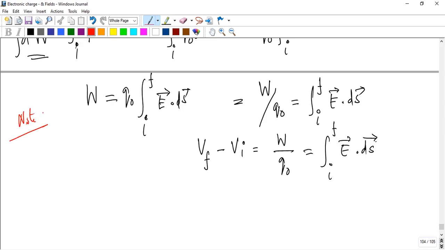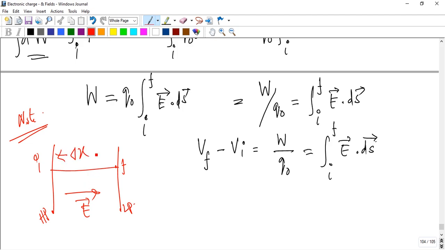So that is I, the electric field E, and that is F. That is a high potential surface, and I to F is the low potential surface. That's the actual electric field direction E. Okay, so the gap between these two surfaces is delta x. So Vi is much greater than Vf.